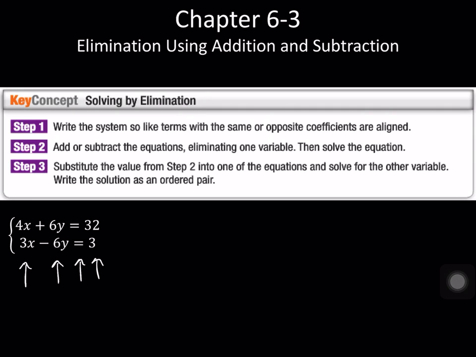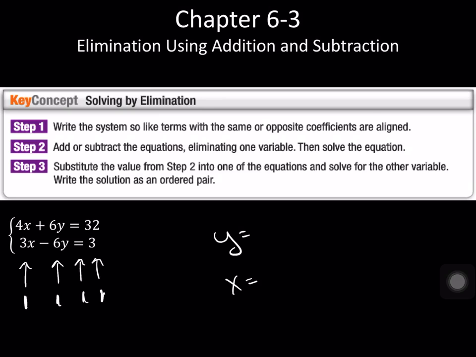So that's the first step. If it doesn't already look like this, then it needs to look like this. This is not substitution, where I'm trying to get y by itself or x by itself. The elimination method, first and foremost, requires that all these pieces are lined up so that we can take the next step.